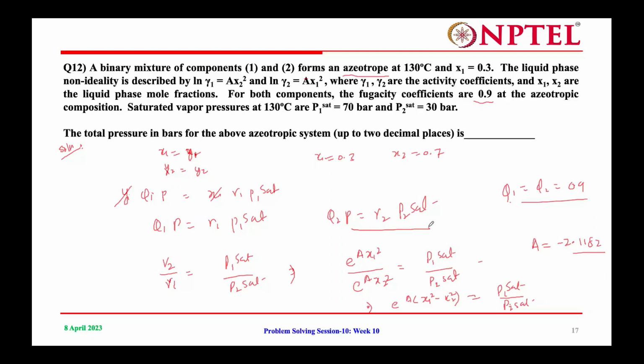Now you know the value of the constant a. Now calculate the gamma 2 value by using these equations.